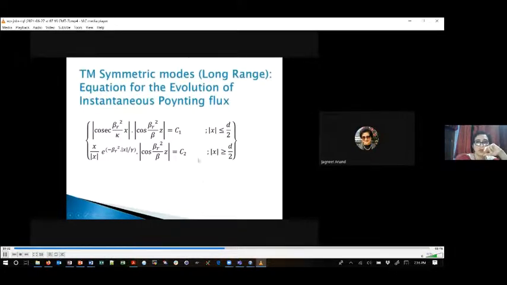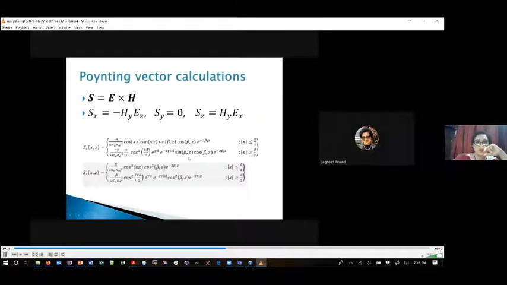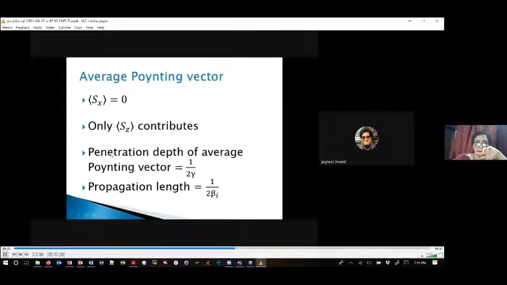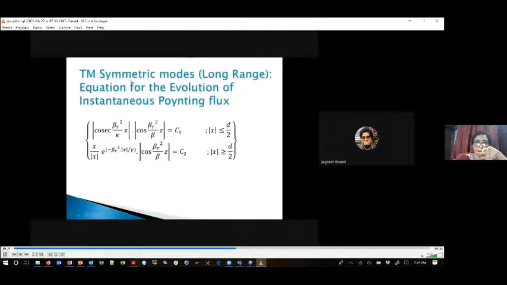Now, let me go back to these two equations. In case we are interested in finding the Poynting vector flux lines for the instantaneous case, then we will try to combine the Sx and Sz components in such a way that we get an expression for the Poynting vector flux lines as a function of x and z of the waveguide, and the expressions that we get for the TM symmetric mode are given by these two expressions.